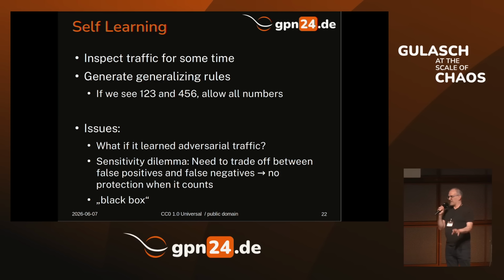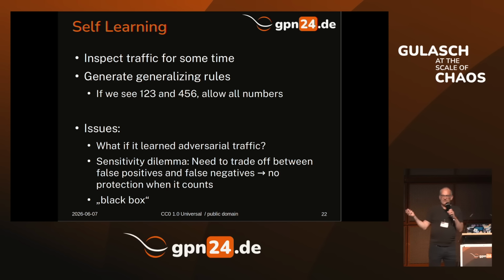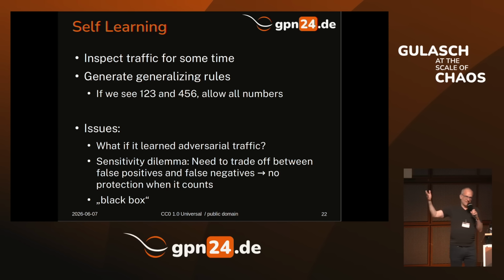Then you have some software which looks at this traffic and generalizes it. So if there's a query parameter which has the values 1, 2, 3, and 4, 5, 6, sometimes it's pretty obvious that we can probably generalize to, oh, there must be a decimal number there. You do this kind of generalization, and then you turn that thing on.